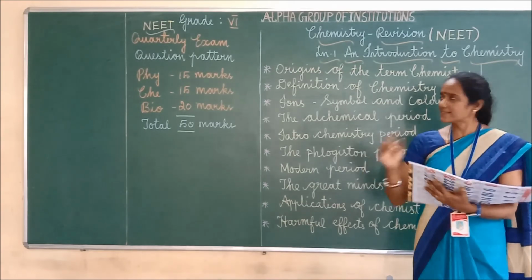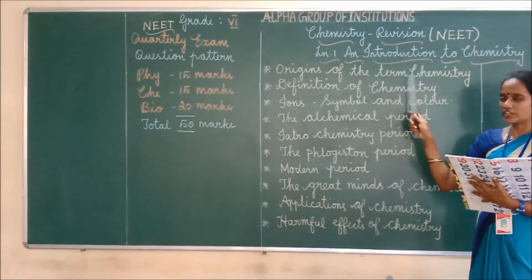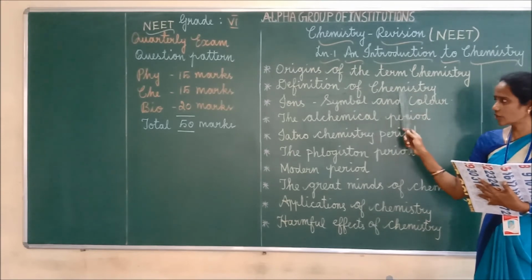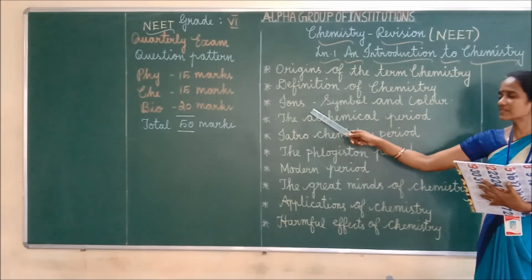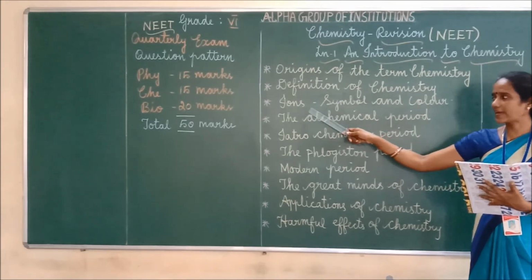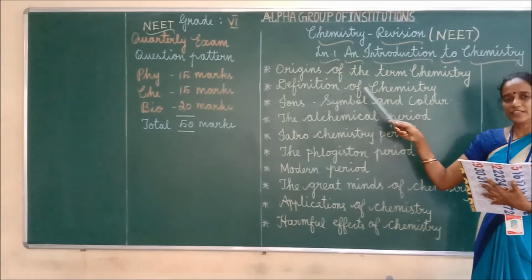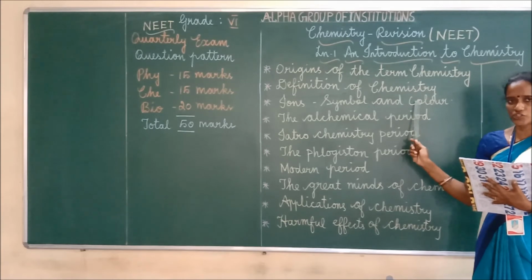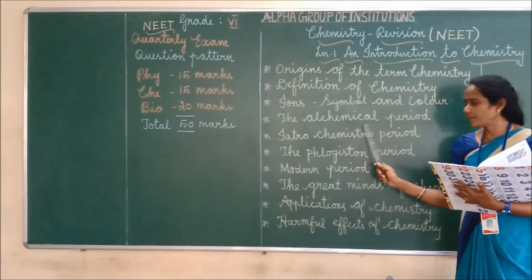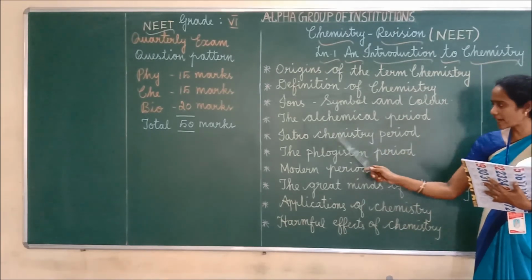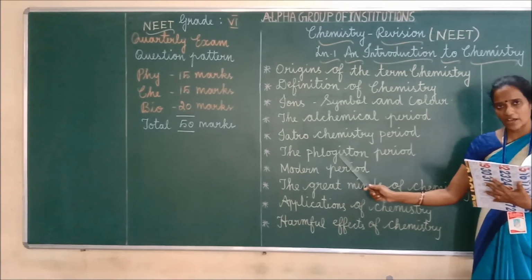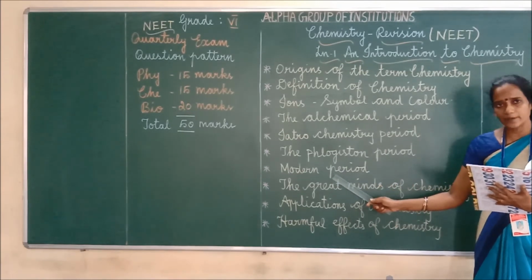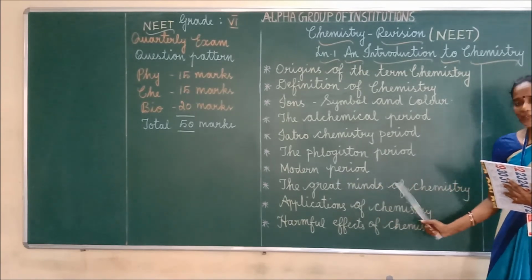That's it. Based on this only: origins of the term chemistry, definition of chemistry, ions means both cation as well as anion. You have to mention the particular anion or cation symbol as well as color, you should learn, right? Next, alchemical period. Next, hydrochemistry period. The phlogiston period. Modern period. Next, the great minds of chemistry.